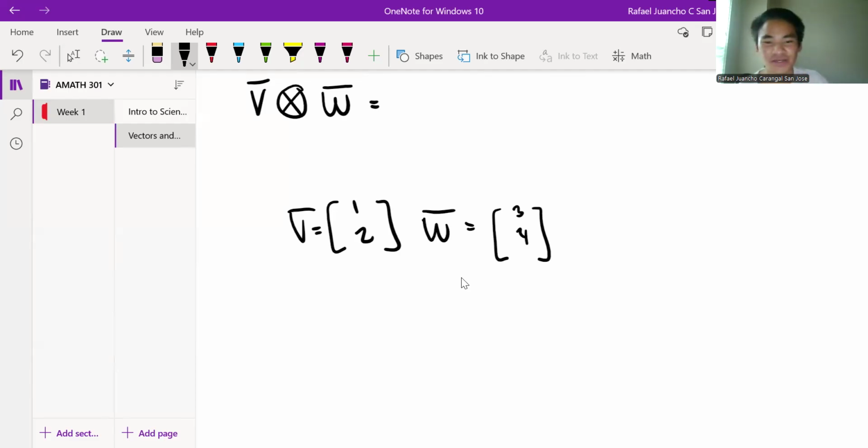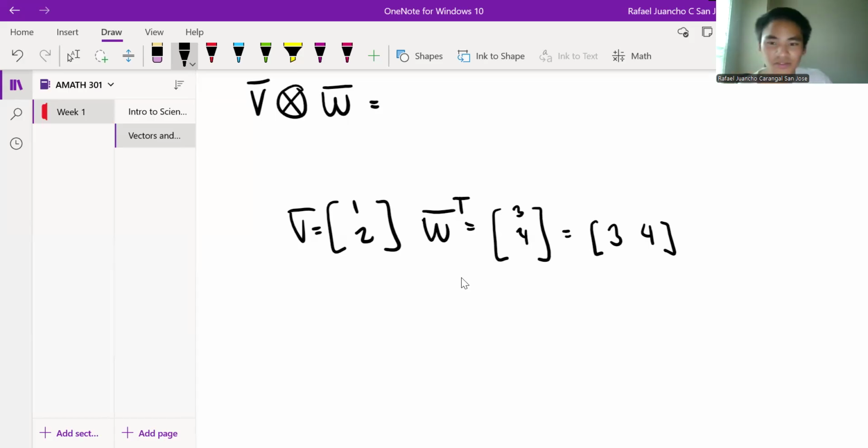Okay, let's say I want to transpose W, right? So let's say I'm going to transpose W. And then this is going to be a row vector with 3 and 4. Now, how do we do this multiplying thing?